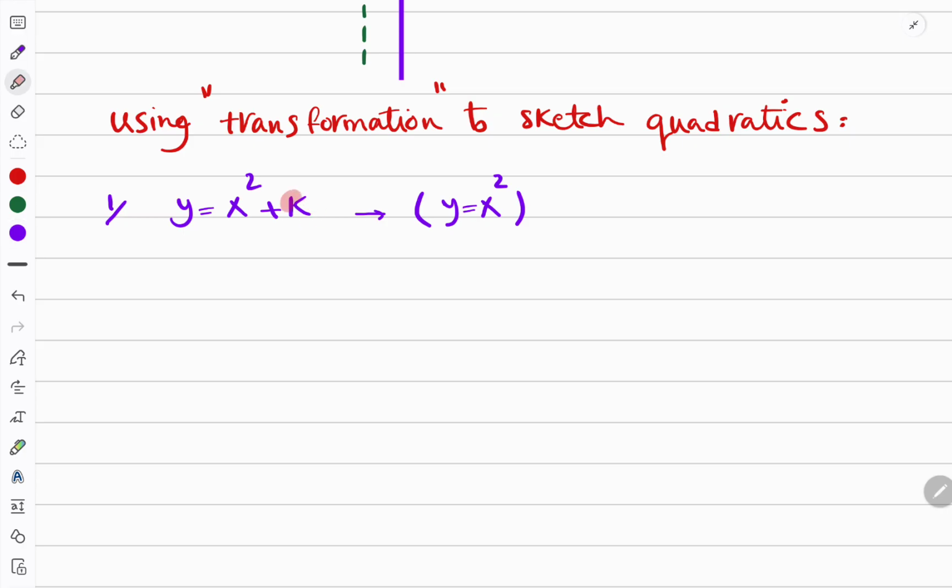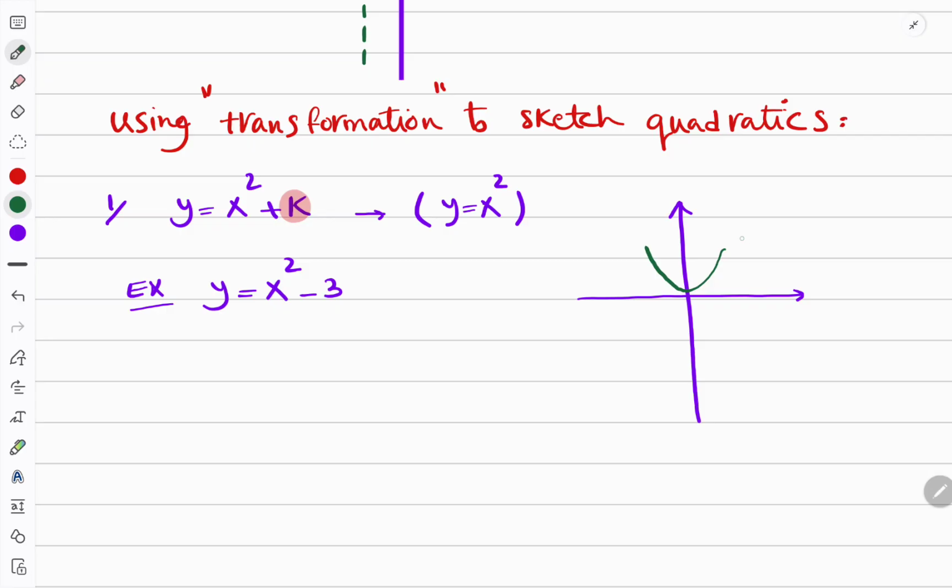So, for example, if we have y equals x squared minus 3, if I'm going to sketch this one, first of all, y equals x squared is something like that, the general shape. And using y equals x squared, we have negative 3 as k.